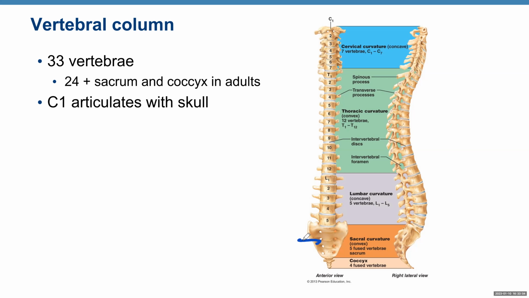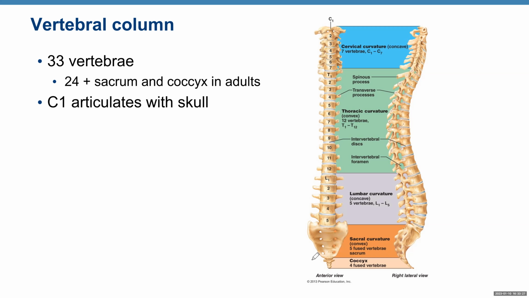Sacral vertebrae, we also have 5 of them, but they are fused, forming a structure that is called the sacrum. And the coccyx is made of 4 coccygeal vertebrae, also fused.